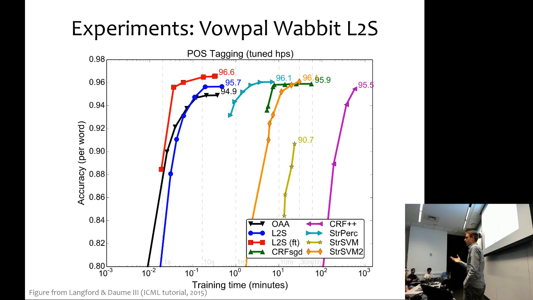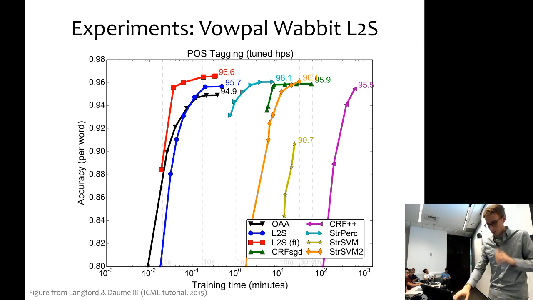And the speed comes from the fact that it's making these greedy decisions. These other algorithms are going to be doing, say, marginalization or search over the entire exponentially large space of possible paths. And learning to search is just following a greedy policy through that search space. So it is incredibly fast here.